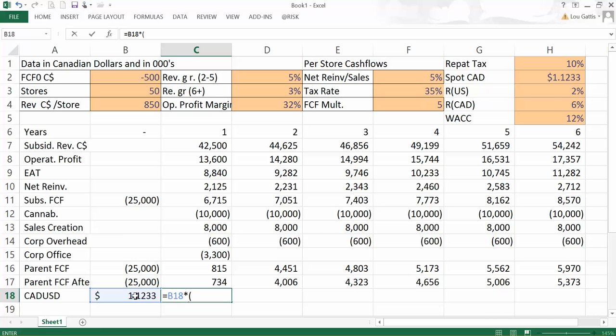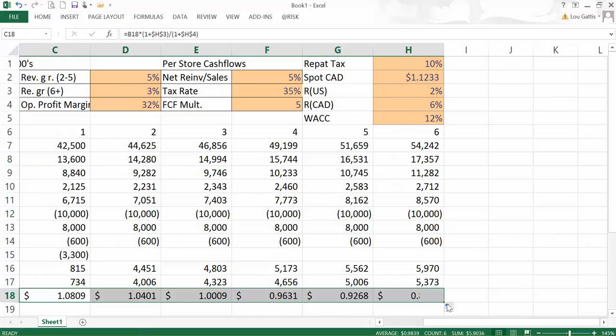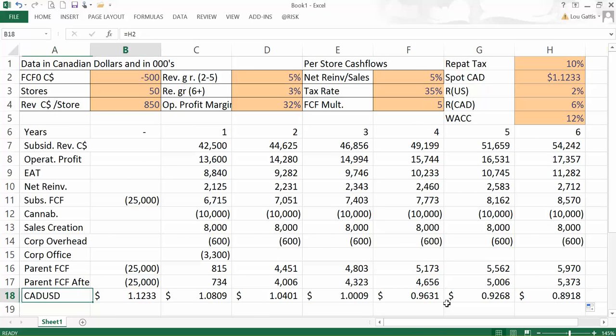So it's the spot price times 1 plus US interest rates divided by 1 plus Canadian interest rates. And I'm going to anchor those two interest rates. And then forecast the exchange rate for the next 6 years. And what you notice is the Canadian dollar is devaluing because they have higher interest rates and presumably higher inflation.